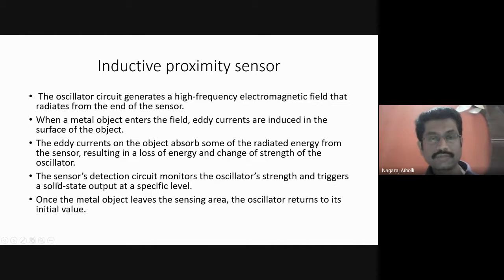Eddy currents on the object are of small magnitude, not of larger magnitude, and such currents are called the eddy currents. Eddy currents on the object absorb some of the radiated energy from the sensor.